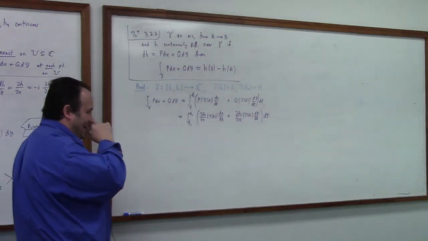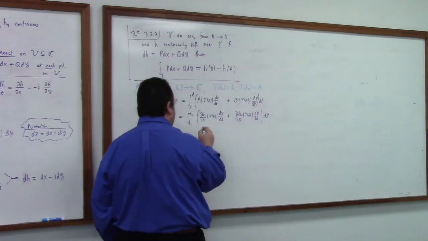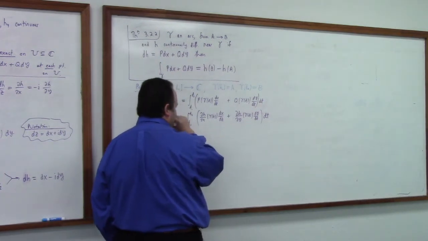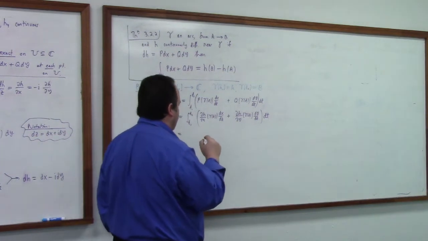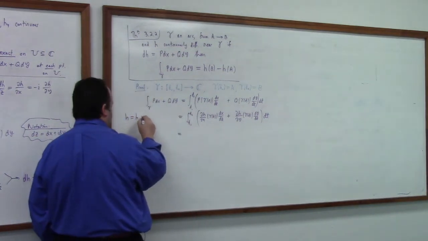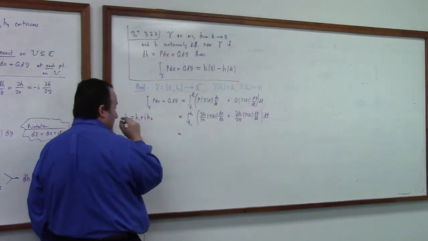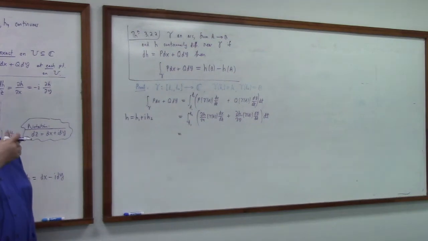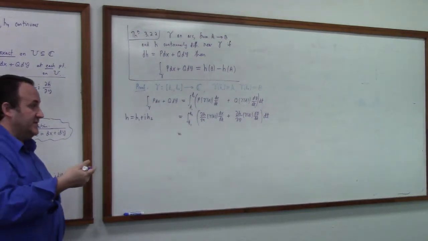Which is really just what? So at this point, I should probably write h equals h1 plus i h2. Right, h is complex valued, h1 plus i h2.